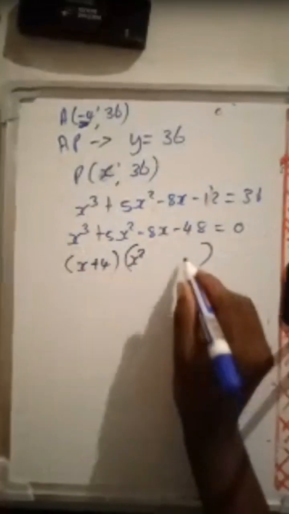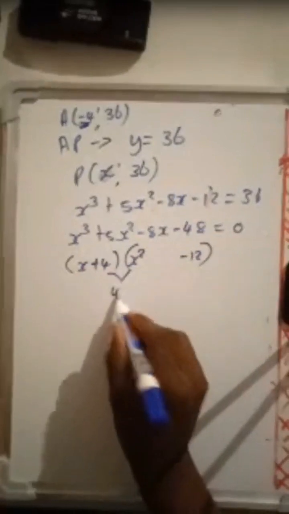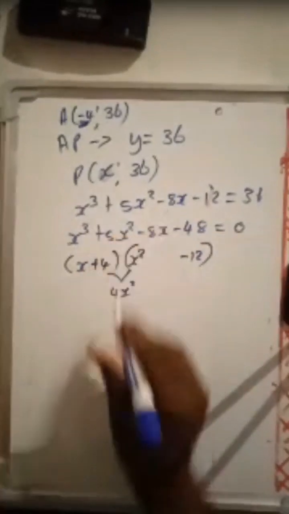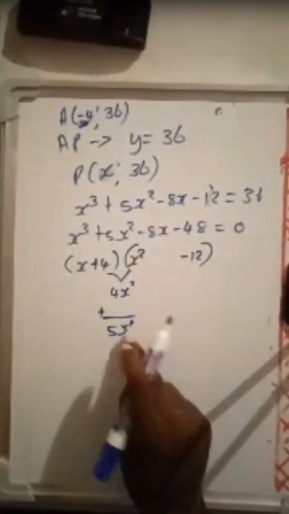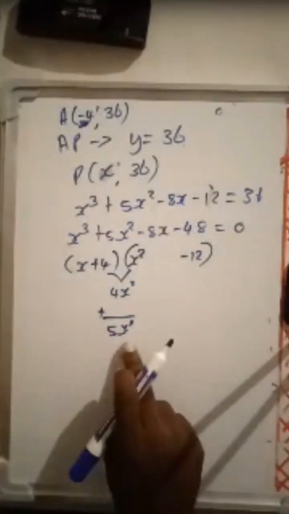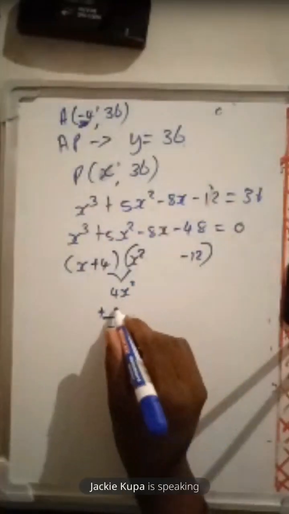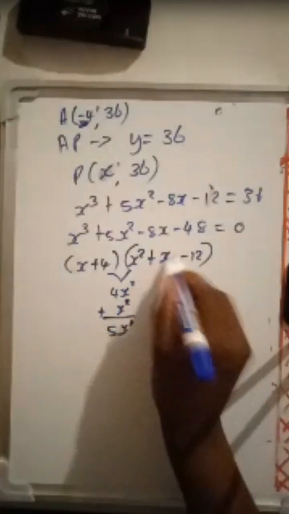Then multiply this one times this one, I get 4x squared. Taking that one, it's 5x squared. What do I need to add to 4x squared in order to get that one? I need x squared. So here I'm going to put plus x, because I have to divide this one by x.